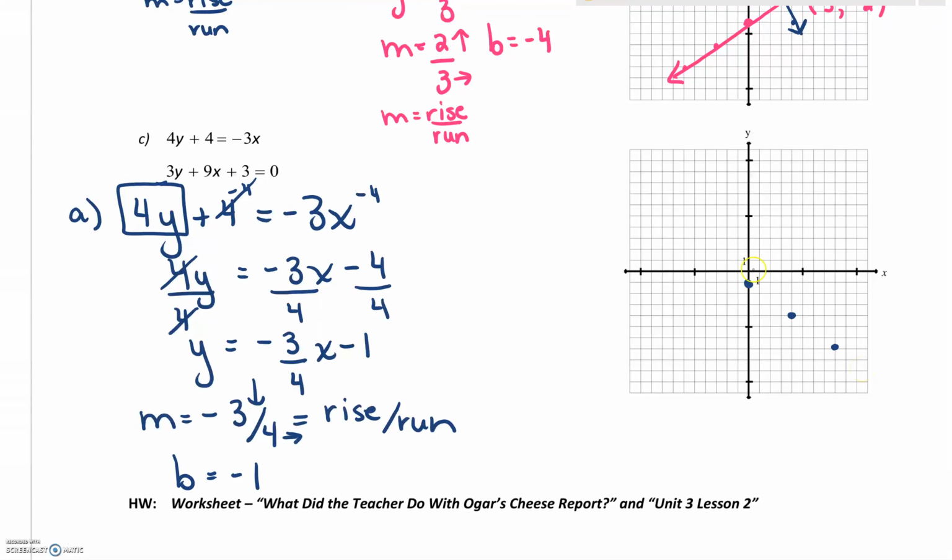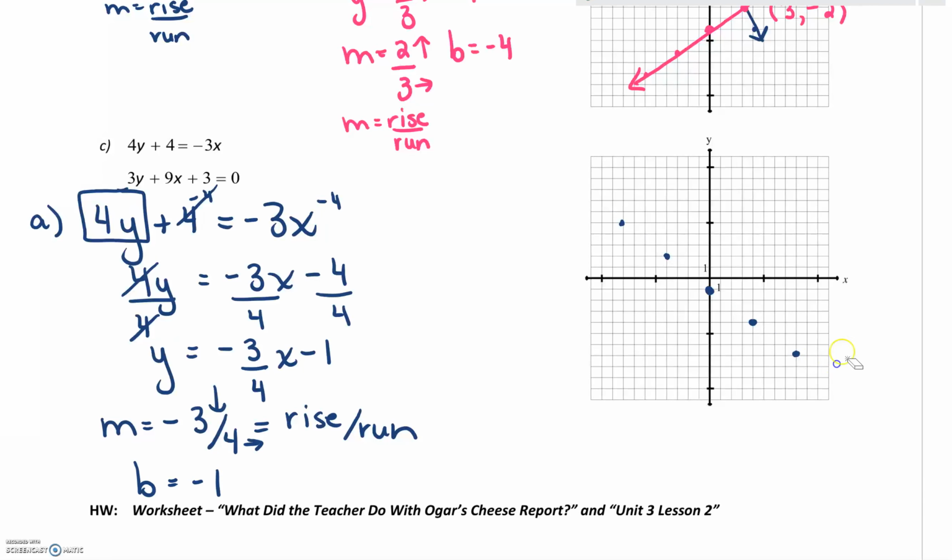So to do the opposite, I'm going to go up 3 and to the left 4. Okay, just like that. So when you draw your line through it, just make sure that your line is straight and that you have arrows with an A labeling that A is the work that you just did.